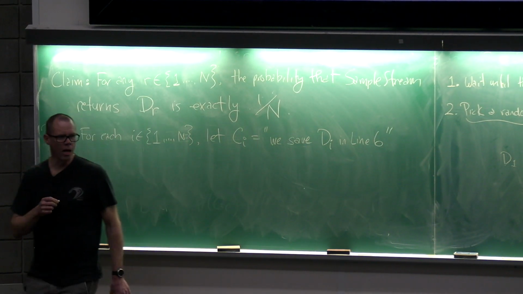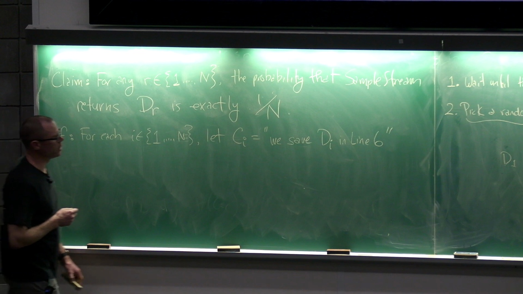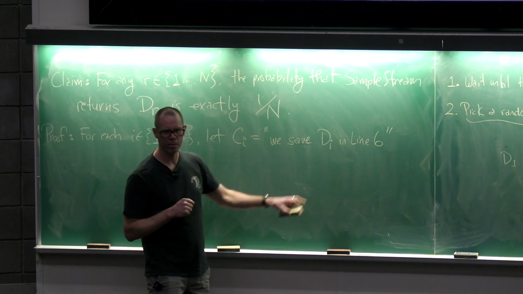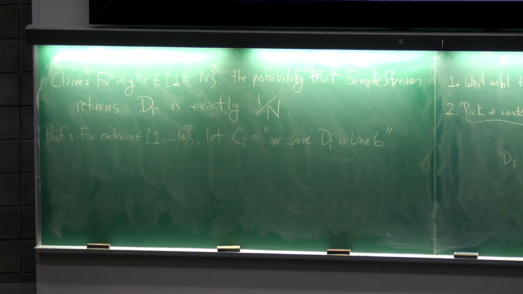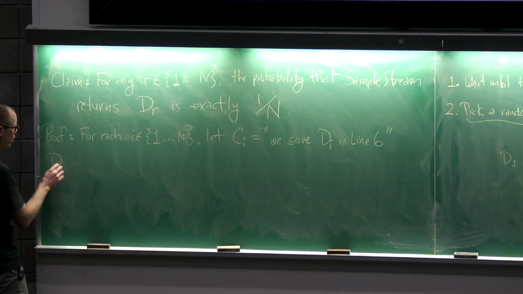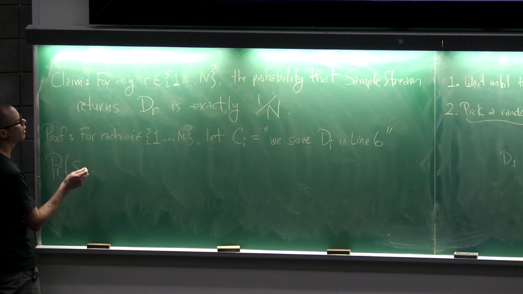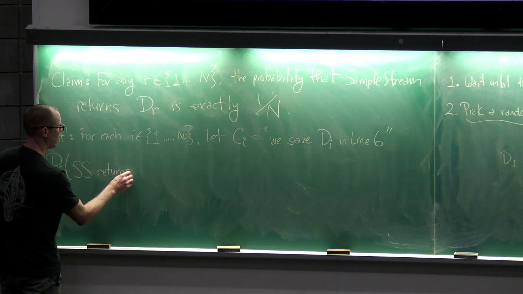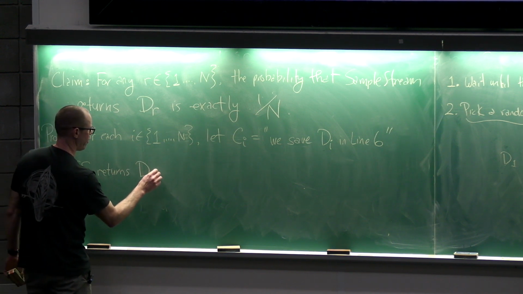That means we decide to hold on to di at least for a little while, save it in S. Okay, so now let's look. We're interested in the probability that sample stream returns dr.